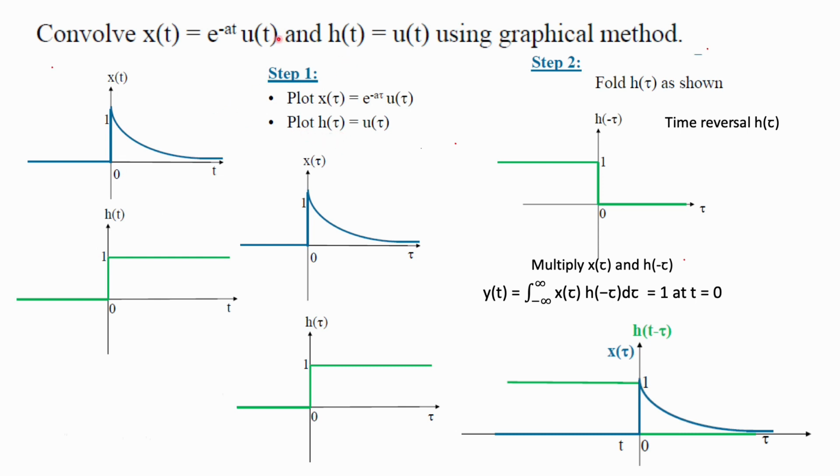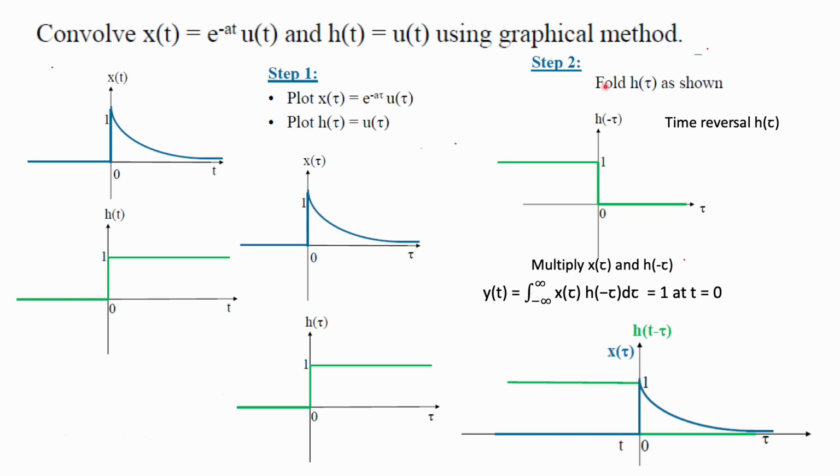Wherever t is present in the given signal, you just replace it by tau and plot the same. Mark the x-axis as tau, the y-axis as x of tau. Similarly for this signal, tau, here h of tau. The first step is over.